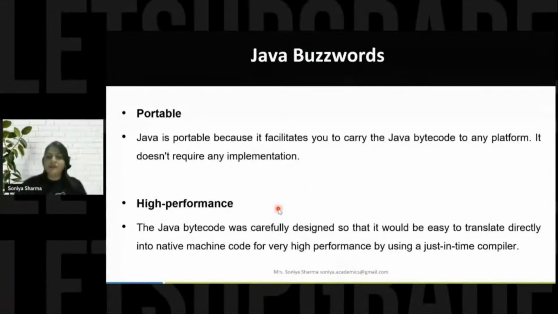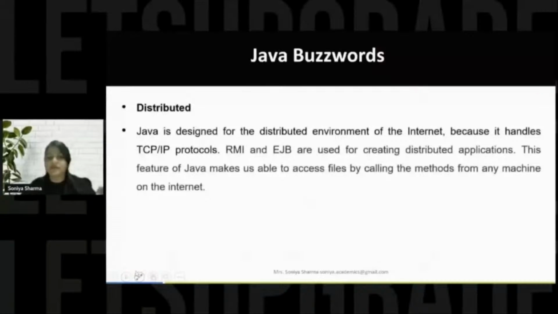And it gives high performance. You can easily convert it into your machine language and get it executed. Java also gives TCP/IP protocol support. TCP/IP are the networking protocols which are used.